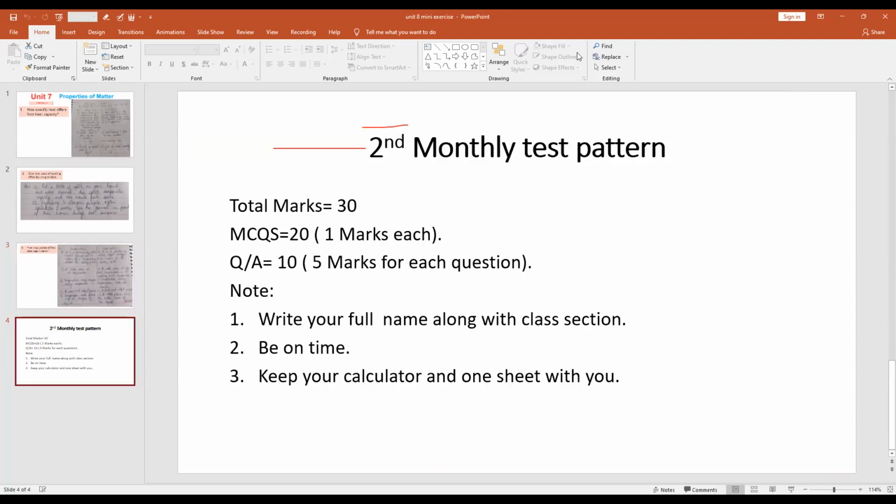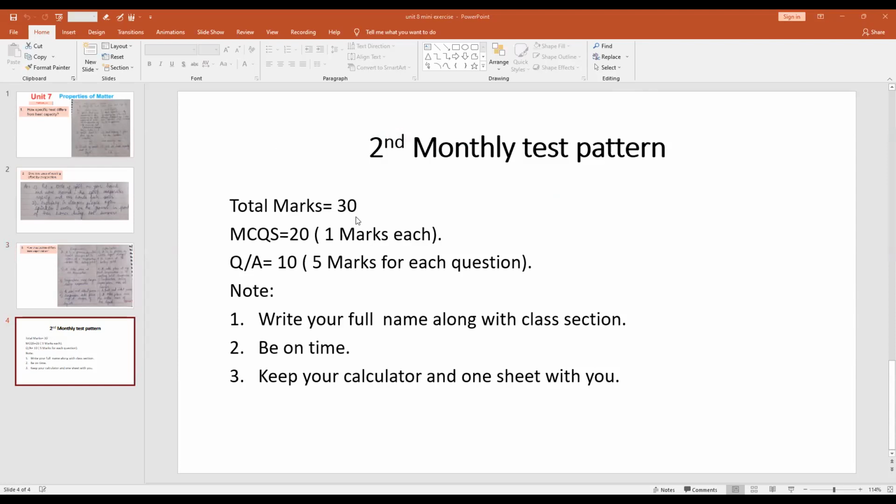Now I have to discuss the second monthly test paper pattern with you. First of all, make sure that the monthly test consists of 30 marks. Mostly the paper is objective type, right? Because you have to do it online, and there is not enough time to do calculations or write long answers.